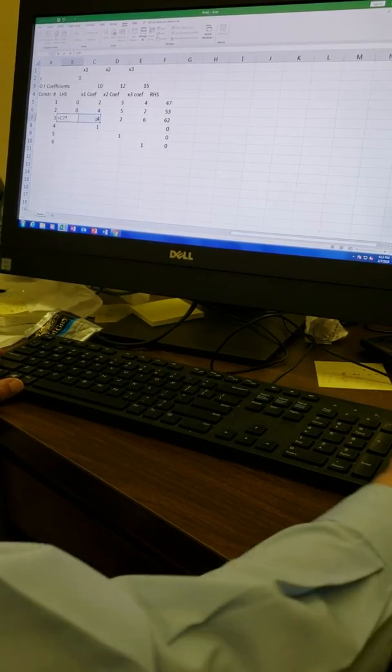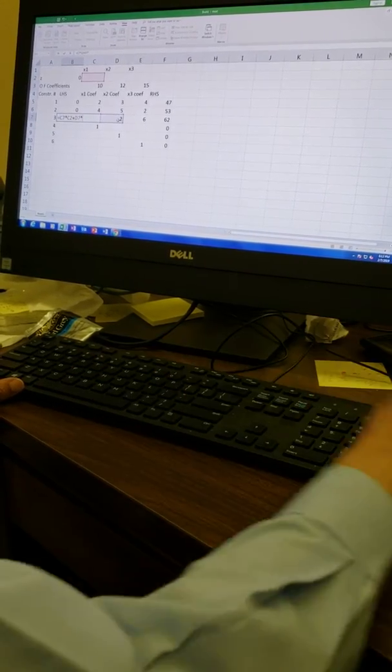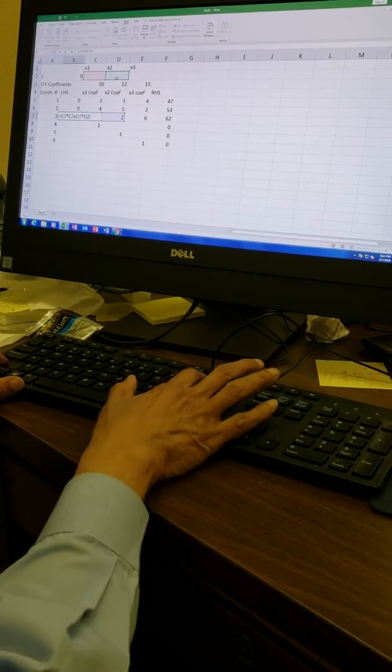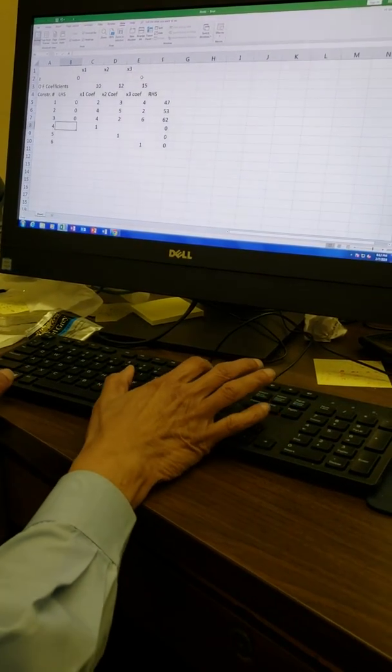I do the same thing for the rest. Next one, this multiplied by this plus this. Enter. Equals, there's only one term here, this multiplied by this.